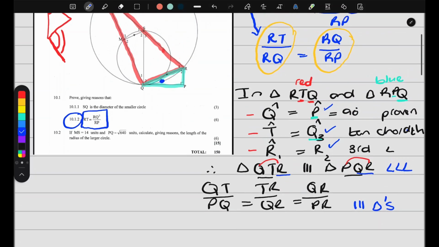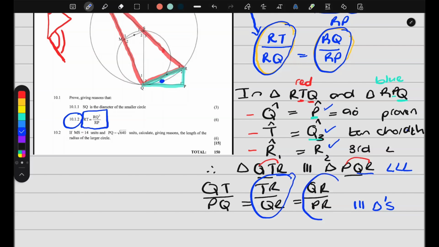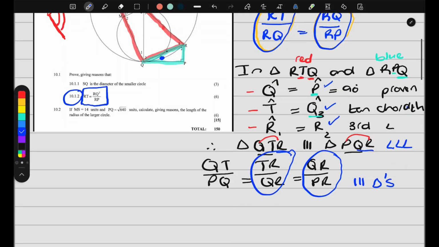And if I look at my plan, you see, here's my plan. I had to prove this is this. Let's go look for them. So TR and QR, here they are. So it's this one and this one. So therefore, TR can be written as RT. Therefore, RT over QR can be RQ.